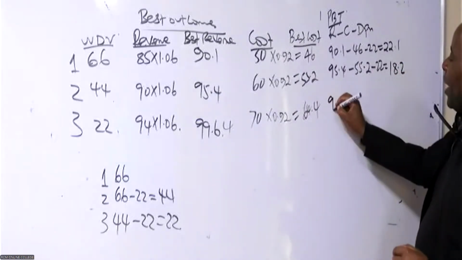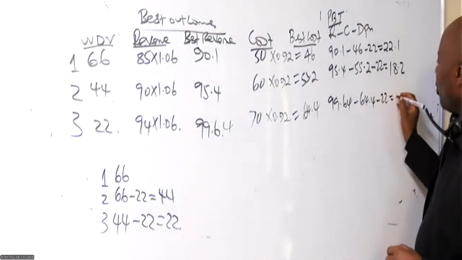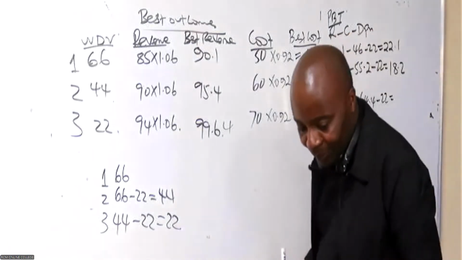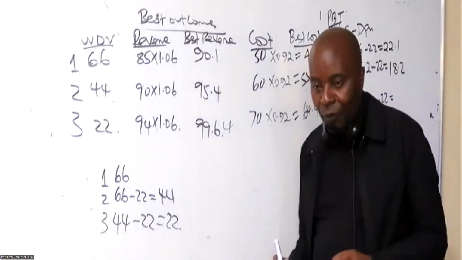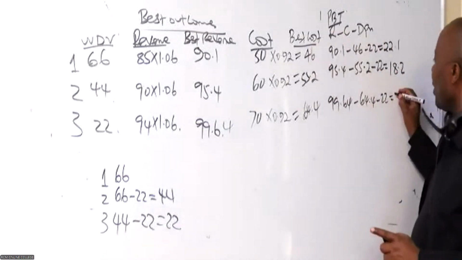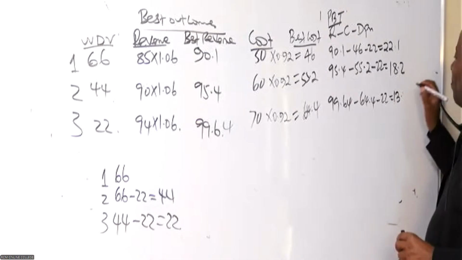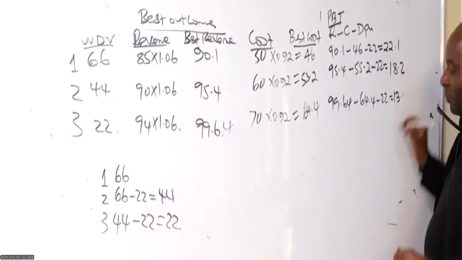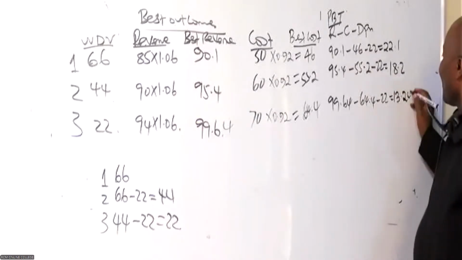Then here we have 99.64 minus 64.4 minus 22, which will give us what figure? 13 point what? Exactly, 0.04. 0.24 like that.